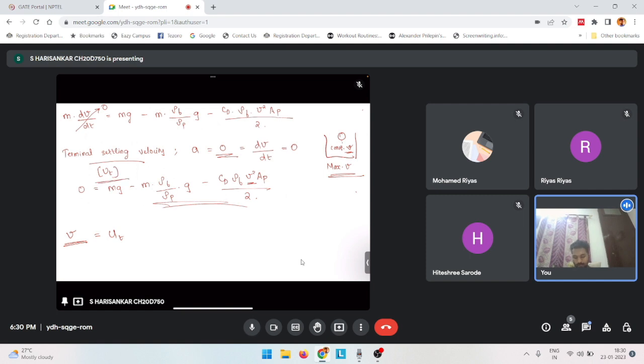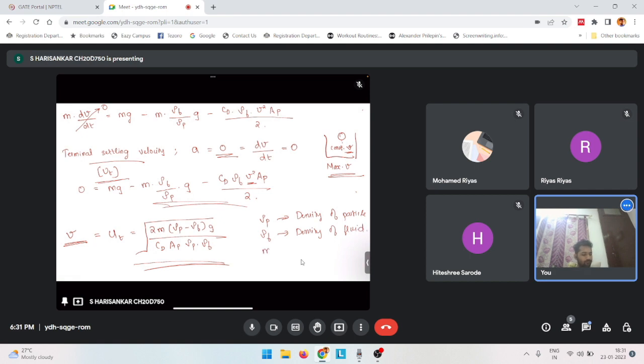So this ut will be equal to root of 2m times rho p minus rho f into g, by CD Ap rho p rho f, where rho p means the density of the particle and rho f means the density of the fluid.